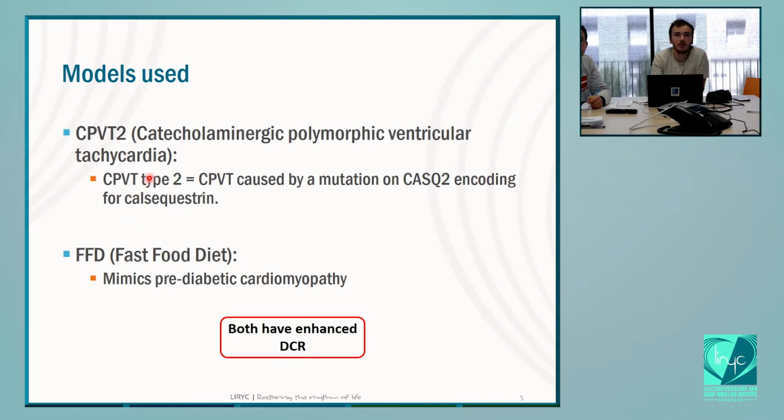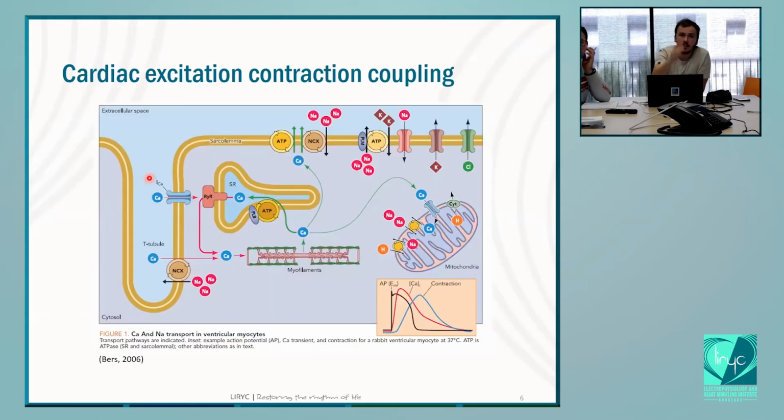DCR is diastolic calcium release from the RyR channels during the diastole. This calcium then increases in the cytosol, which triggers a calcium wave, which triggers some arrhythmias.